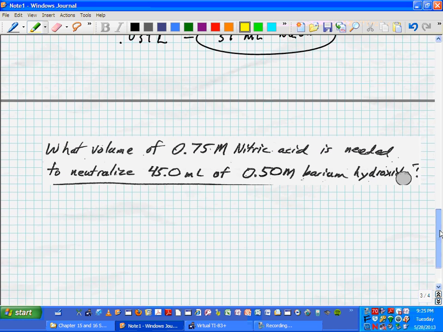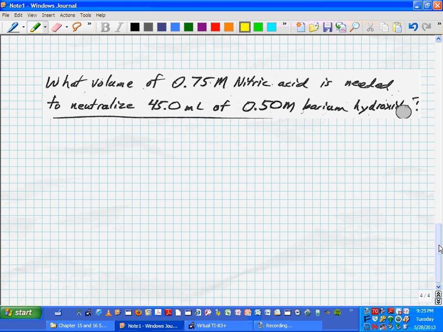Here's the last one that I'm going to do, and again, you have this written down in front of you somewhere: looking for the volume of 0.75 molar nitric acid needed to neutralize 45 milliliters of 0.50 molar barium hydroxide.